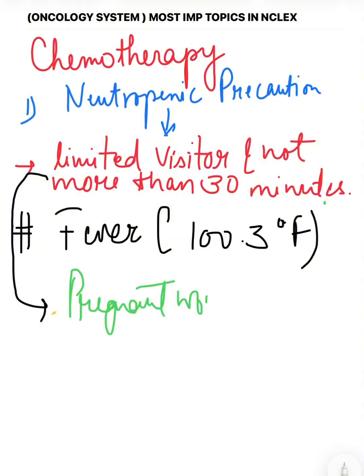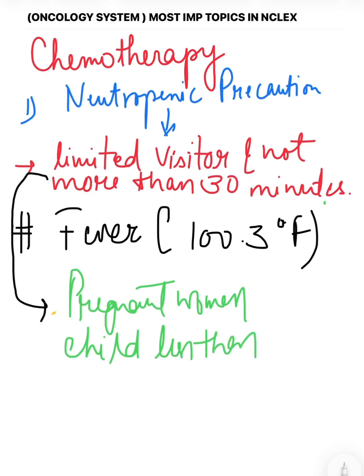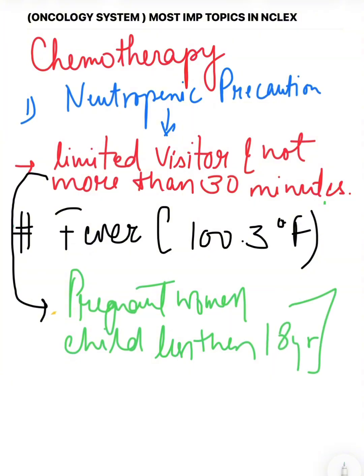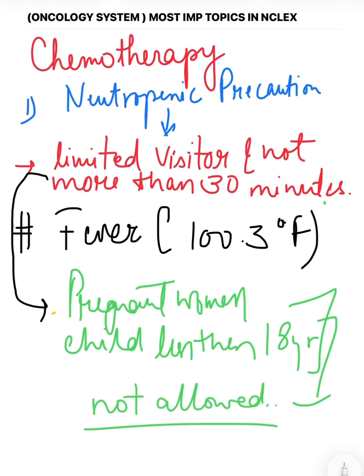Ill visitors and children less than 18 years are not allowed either. We have to allow visitors only with personal protective equipment. Also check the temperature regularly. Even a slight increase in temperature is a medical emergency in chemotherapy.